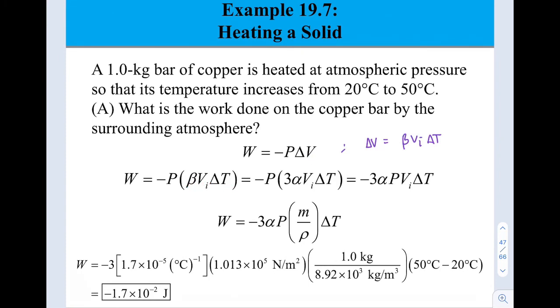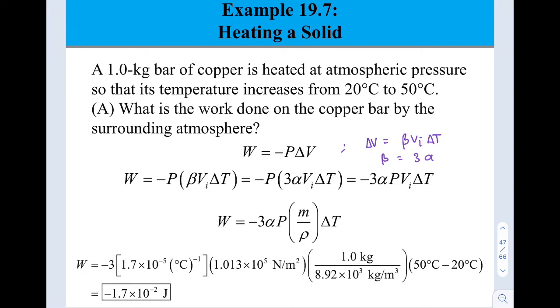And we know that beta is equivalent to 3 times alpha. What is alpha? It's the coefficient of linear expansion. Why is it 3 times? Because volume experiences changes in 3 dimensions. That is why we times with 3. Okay, V initial delta T.